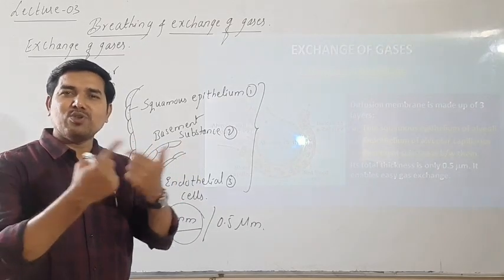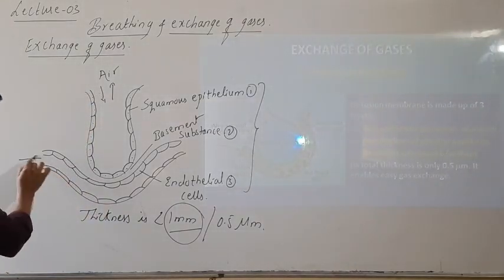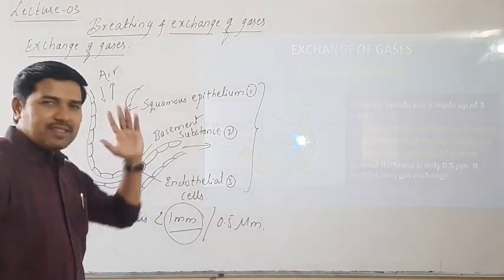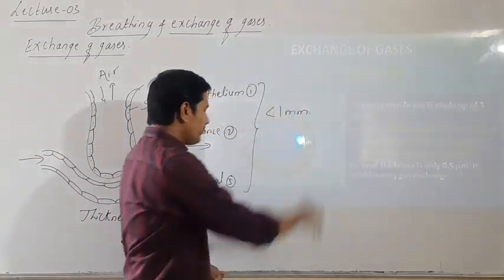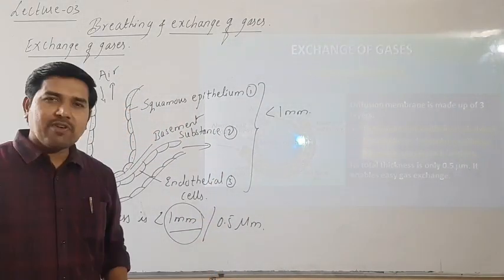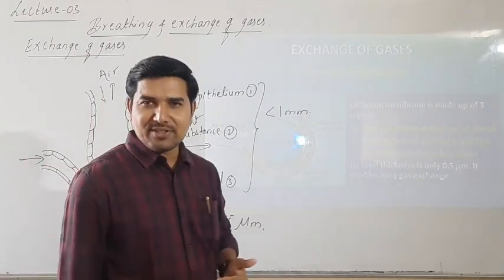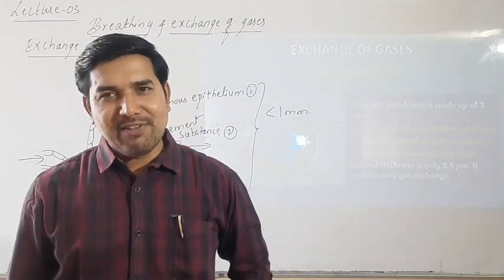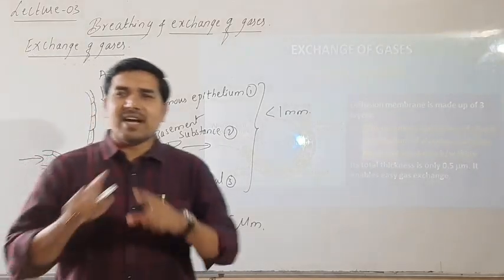It helps in diffusion of gases, exchange of gases. Now here blood will come, and from here the blood will leave, and as the thickness is very less, less than 1 mm, or around 0.5 micrometer, it helps in diffusion of gases. Okay, so this is how the exchange of gases occurs at the alveolar level. Okay. Now with this, let's move on to a chart.